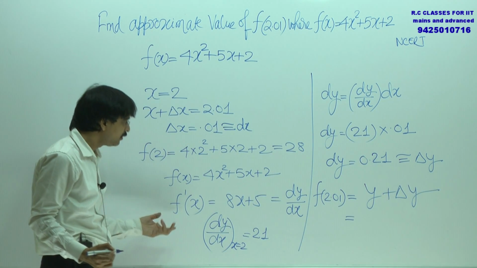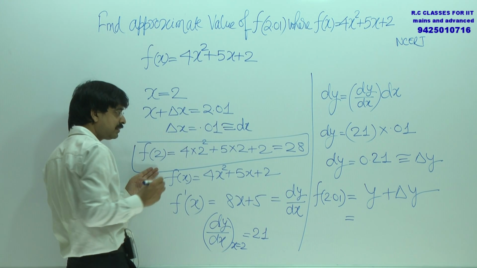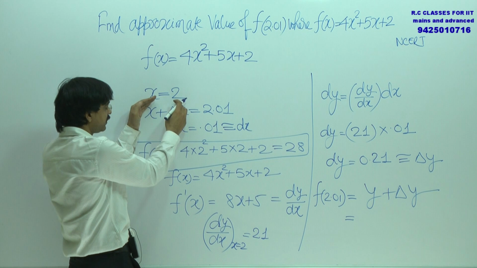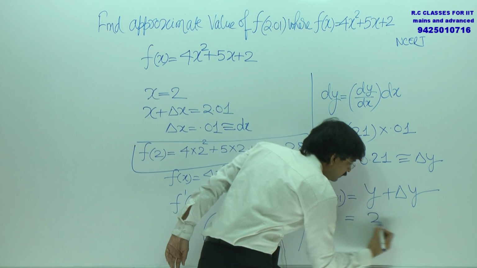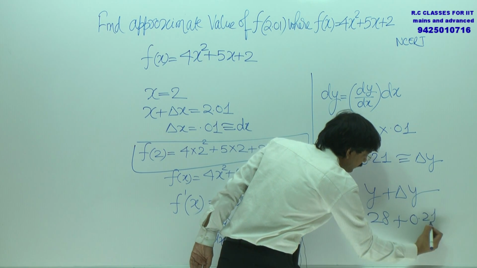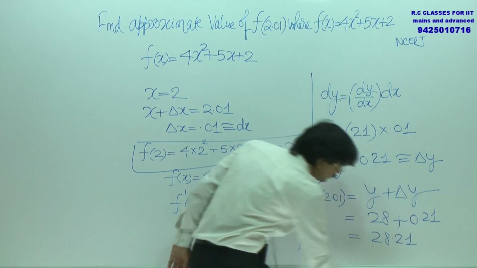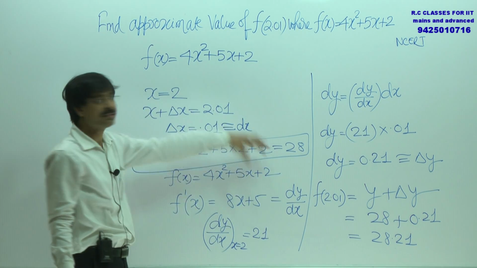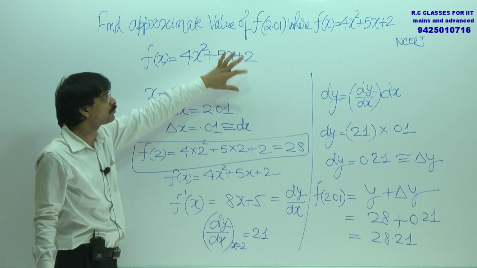What is that y? Y at x equals 2, that is nothing but the y at x equals 2. Corresponding to x equals 2, what is the value of f of 2? That's y. That is 28. Plus that delta y is 0.21. It is coming as 28.21. That's how you can calculate the approximate value. We can calculate f of 2 and then with the help of that f of 2.01.